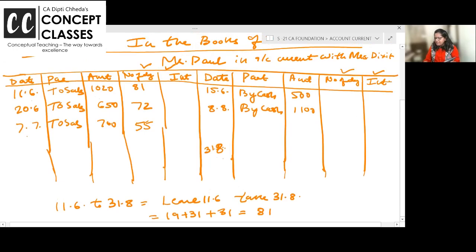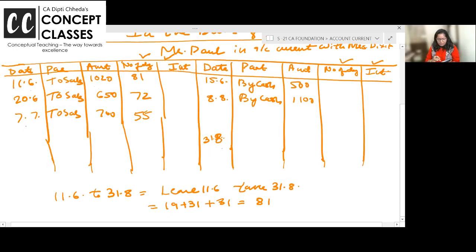This side, 15th June, so 30 minus 15, 15 days of June, plus July 31 plus August 31, 77 days. Is the concept super easy? Now 8th August, 31 minus 8, 23 days.